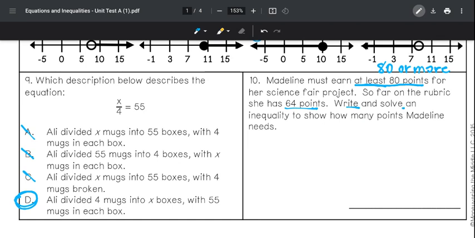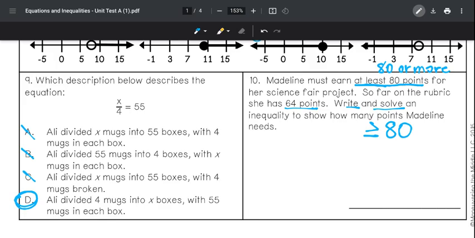Write and solve an inequality to show how many points Madeline needs. Well, if I know that I have to have 80 points, so it can equal 80, or I need more, then the alligator is going to face the other direction, away from the 80, because we want that amount or a bigger number.